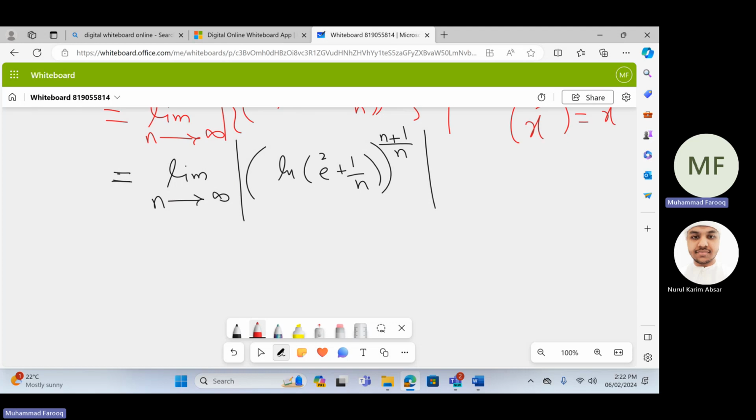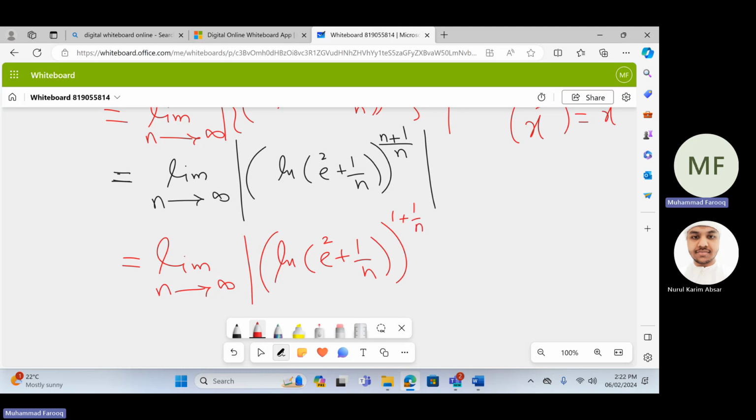One. And plus 1 by n? One. Yes, now we can do it like that. Limit n to infinity, now we have the absolute value here: ln of e squared plus 1 by n. Now in this function, n over n is 1, and plus 1 by?